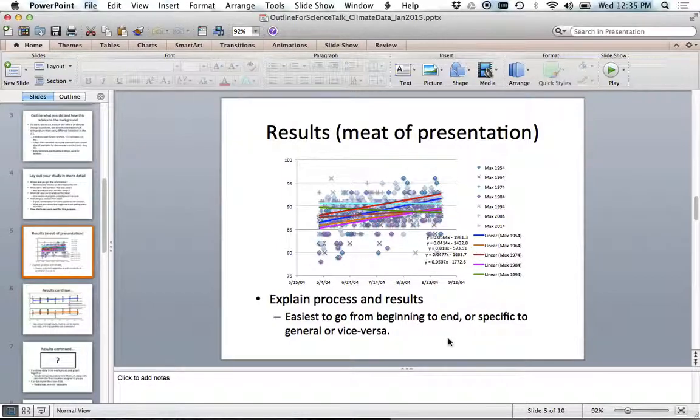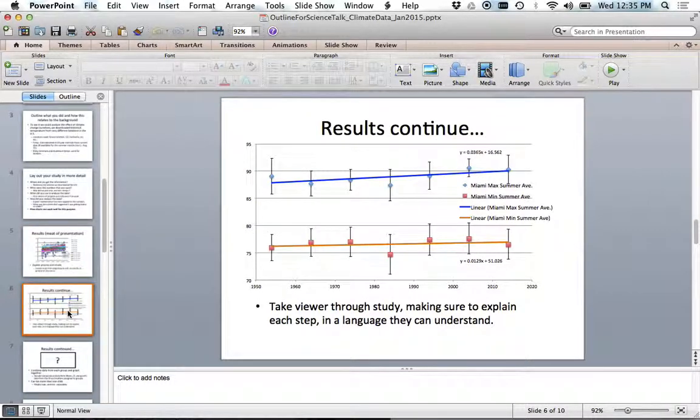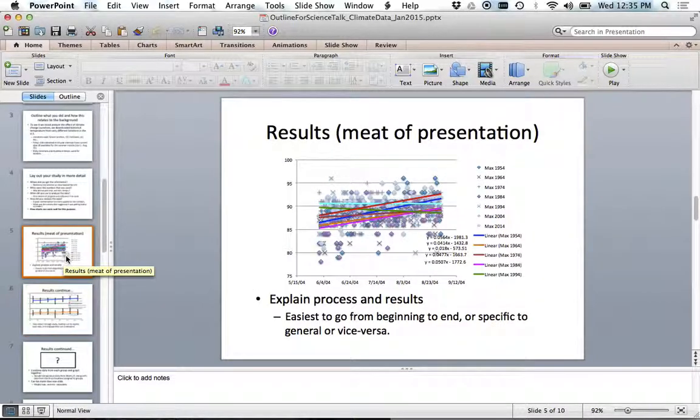Okay, so here, you might start with a first slide. This is just a regression for one city for the summer over this time point. Then you're going to continue. Your results are going to take a little while. What you want to do is throw the results out, give it context, and then just keep building with them. So we started here. We just looked at the summer.